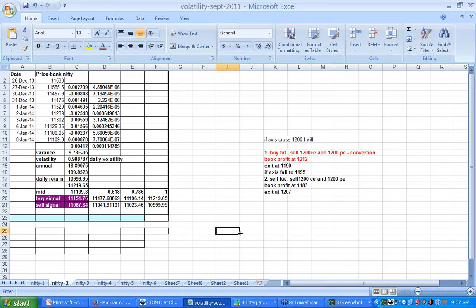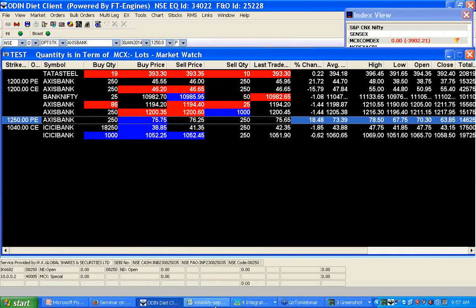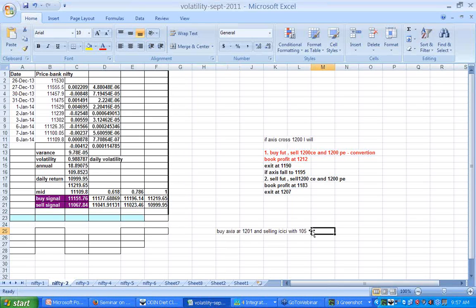So you can think in this order. This pair trade: buying Axis at 1201 and selling ICICI at 1052. It's recommended as a future trade, but in fact with that you can put some options for intraday.